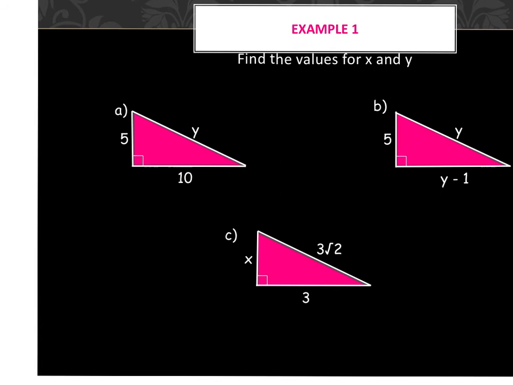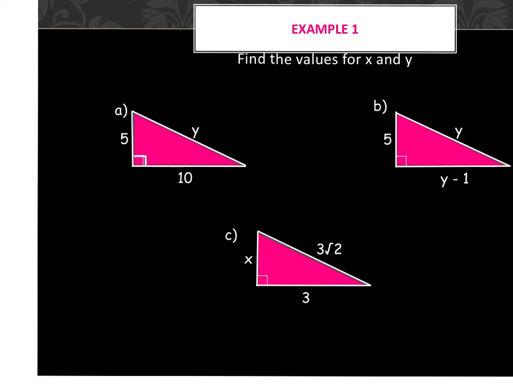A lot of times on an SAT or a PSAT, they're going to give you questions like this, and they'll have the little right angle, but they may not label the missing side as an A, B, or C. We still use the same formula. You just need to know where the A, B, and C would be located in case they assign it a different letter, like I did here.